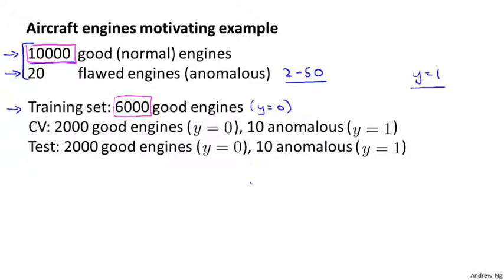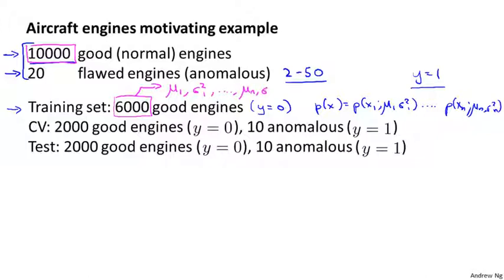We would use this to fit P of x, which is P of x1 parameterized by mu1 sigma squared 1 up to P of xn parameterized by mu n sigma squared n. It's these 6,000 examples that we would use to estimate the parameters mu1 sigma squared 1 up to mu n sigma squared n. So that's our training set of all good, or the vast majority good, examples.